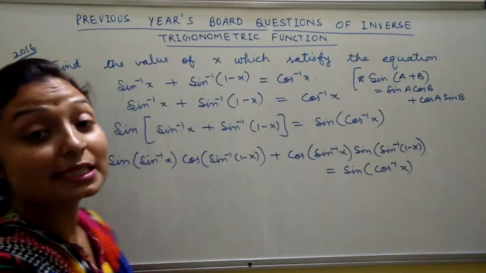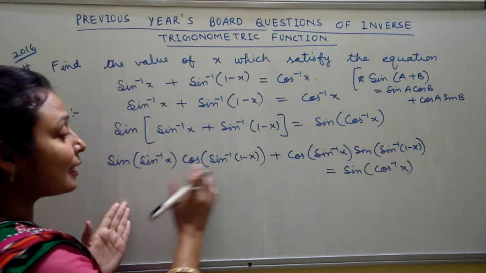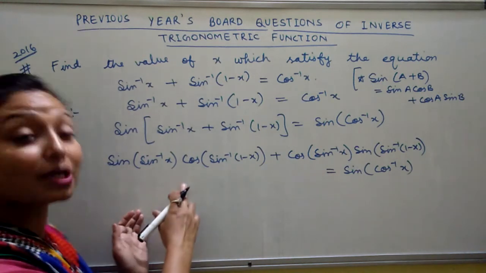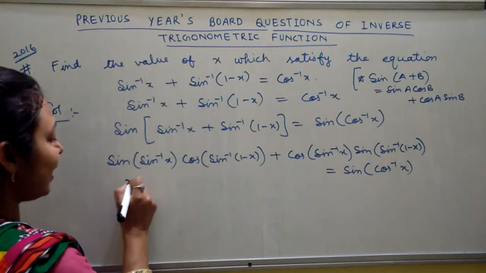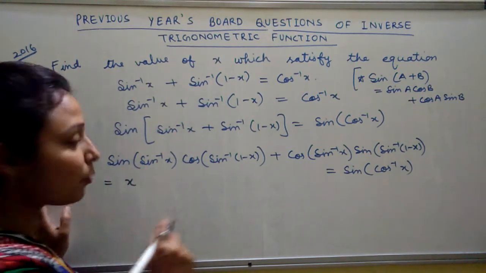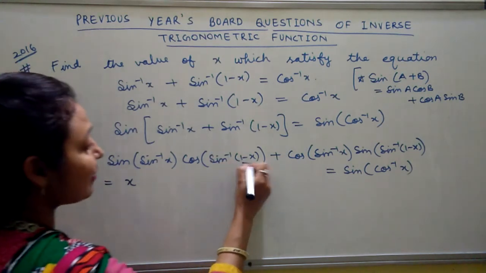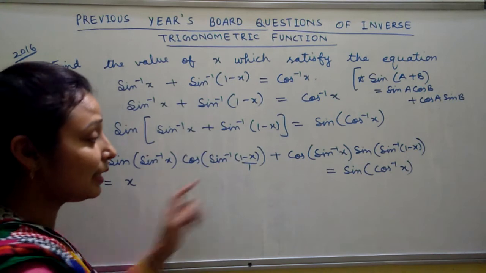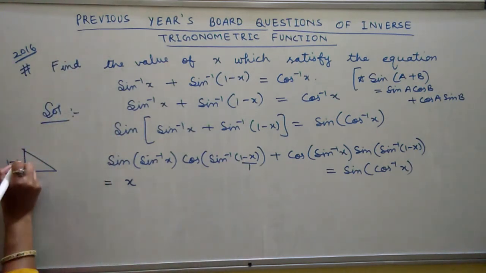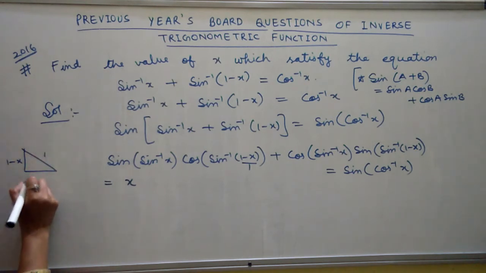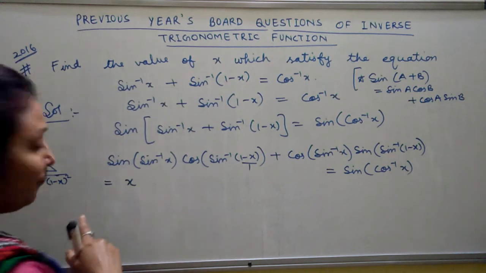Now, this is the time to convert a function into another so that the cancellation becomes possible. Come to this step, these both are equal. We have x, both are cancelled by using the properties. I want cos inverse here. If I see, this is perpendicular, this is hypotenuse. The perpendicular is 1 minus x, hypotenuse is 1. If I want to find the base, hypotenuse square minus perpendicular square, this is the way to find.